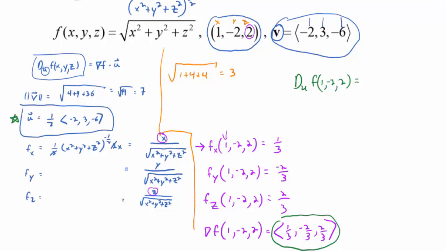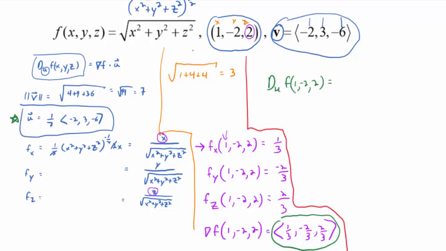So we're going to take del f, which is 1/3, negative 2/3, 2/3, and dot it with 1/7, which you can just pull out as a scalar multiple out front, times negative 2, 3, negative 6.